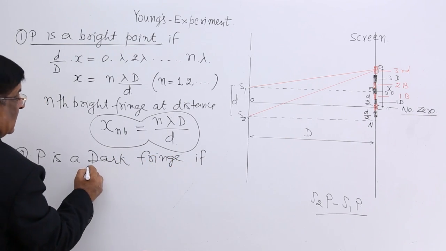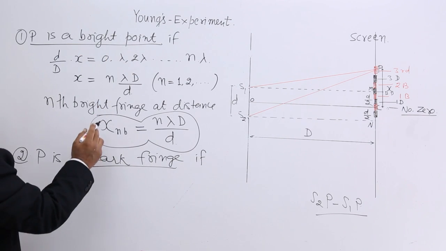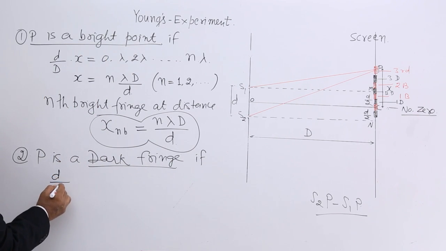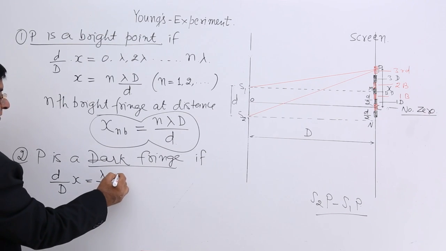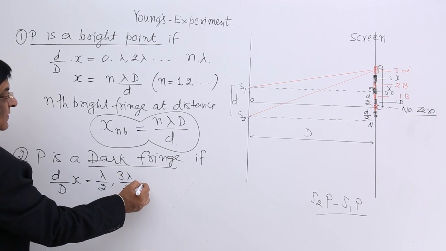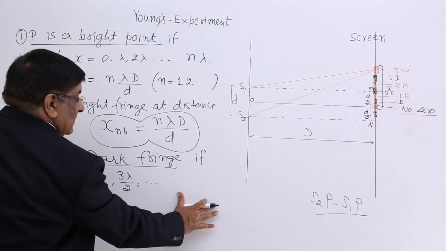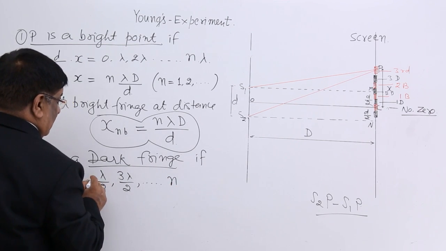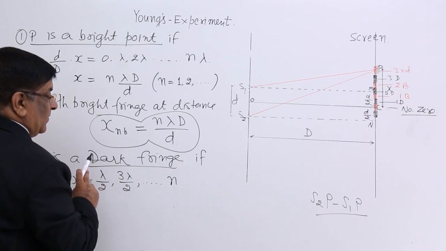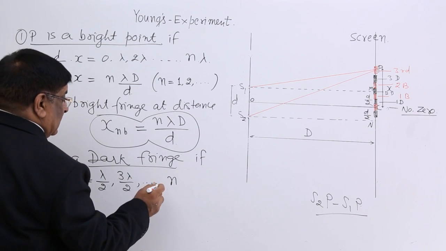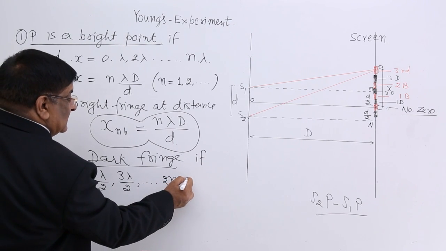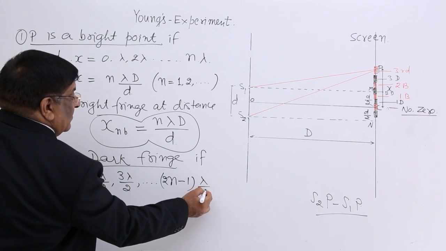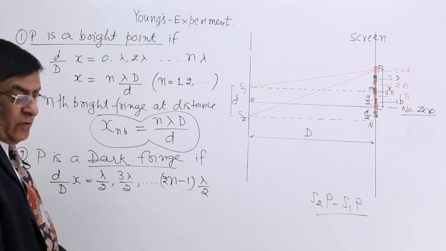For dark, the path difference d x by D starts from lambda by 2, 3 lambda by 2, and this is n. We want there should be first, so we will write 2n minus 1 lambda by 2. This is the general formula.